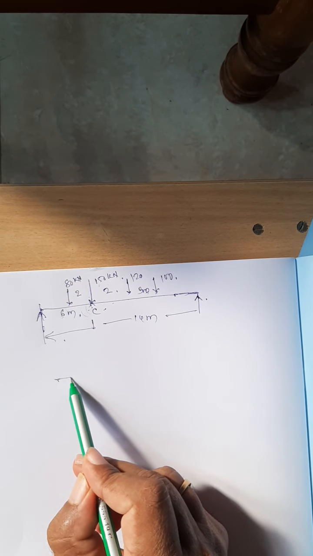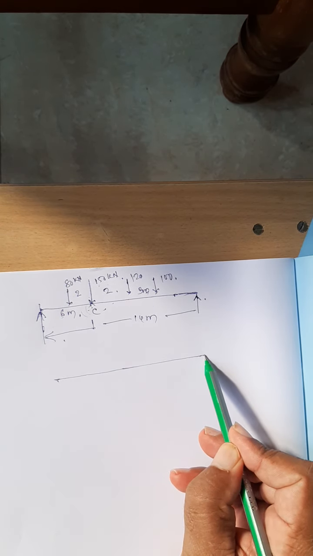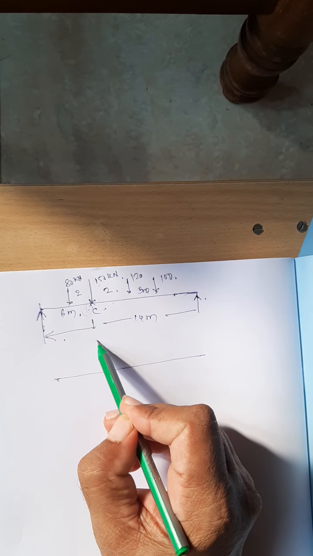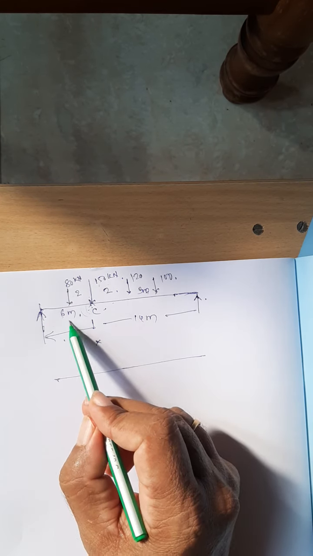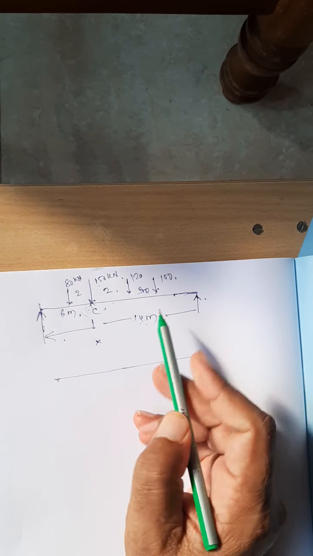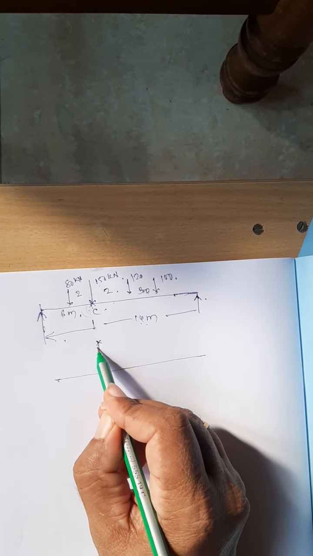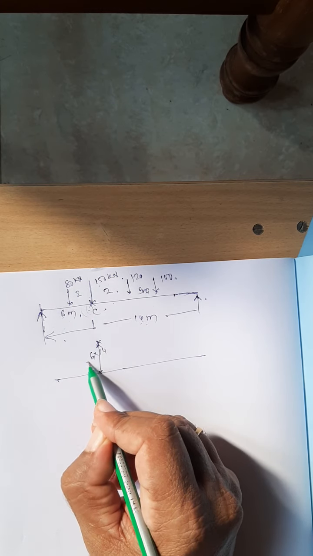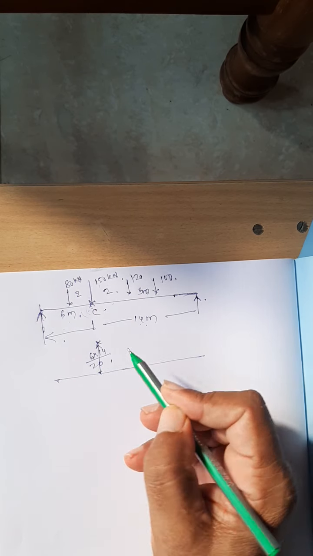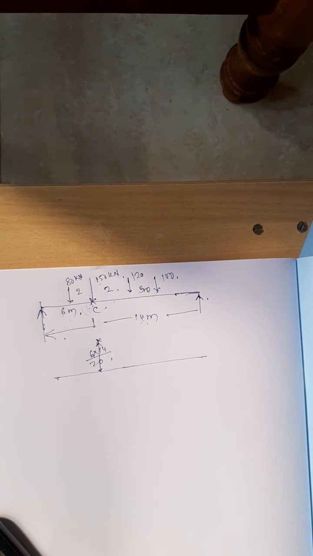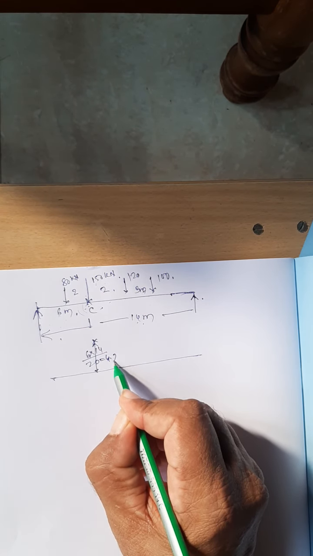How are we calculating it? Simply see here. What is the ordinate of the influence line diagram at C? Yes, 6 into 14 divided by 20. What will be that number? 6 into 14 divided by 20, yes, it comes out to be 4.2.